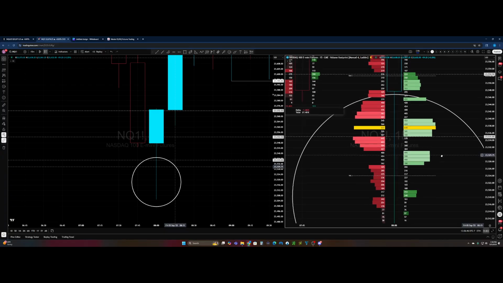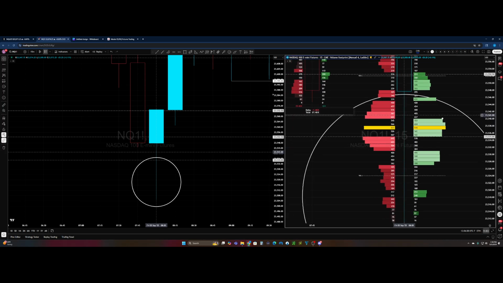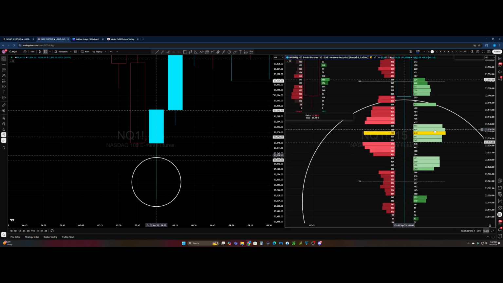I'm sure a lot of you know what a volume profile is. If you don't, I can make another video on it, and I probably will. But there are also a lot of other videos on YouTube that you could search up. I'm taking the aspects of a volume profile and applying them to the candlestick chart.